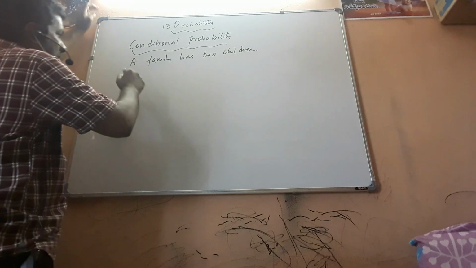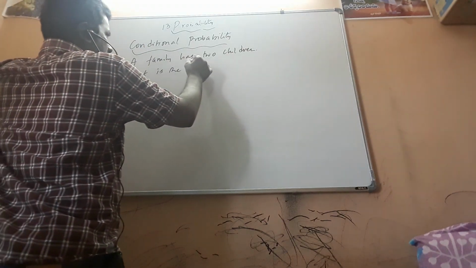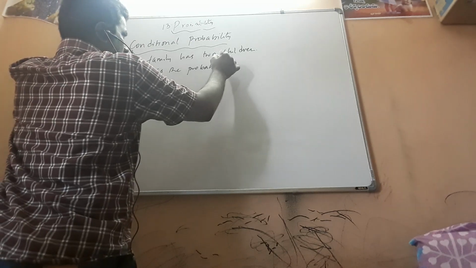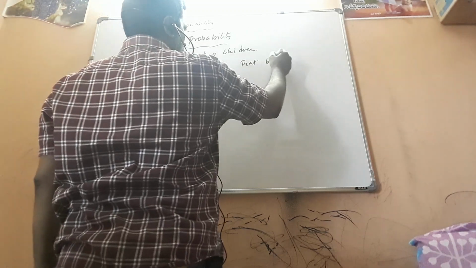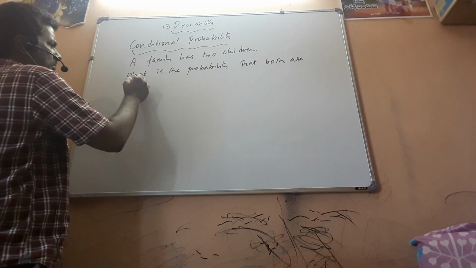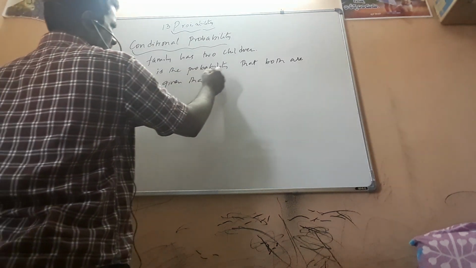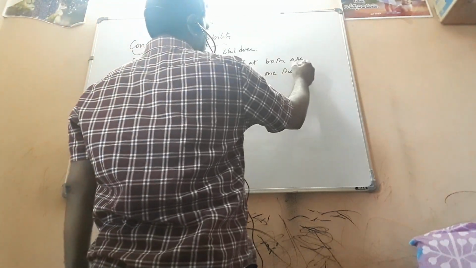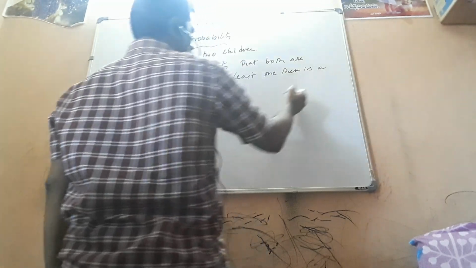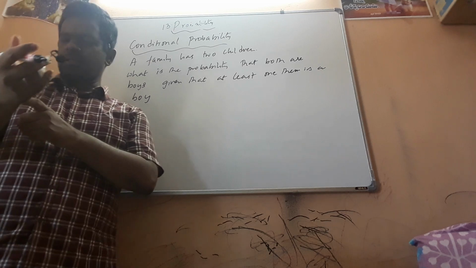What is the probability that both are boys, given that at least one of them is a boy? This example, try to understand this carefully.